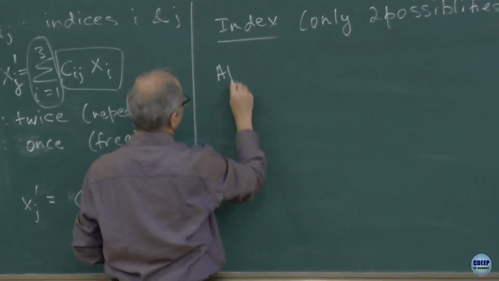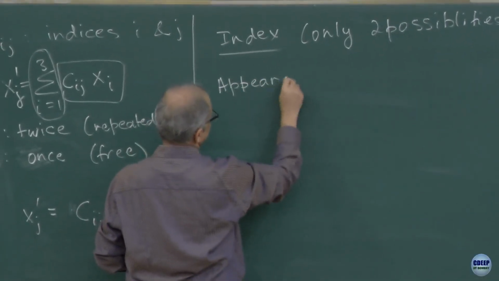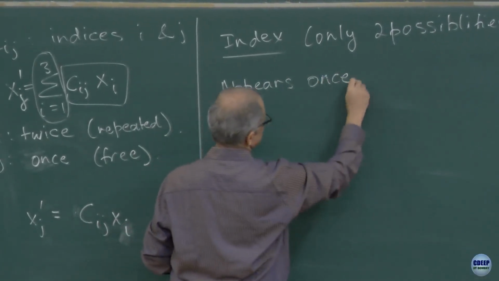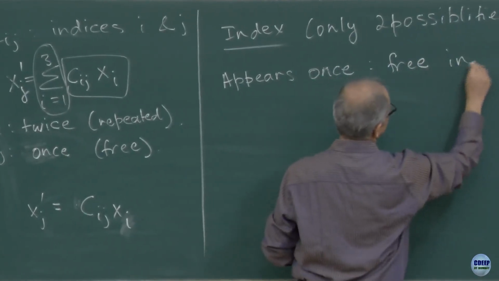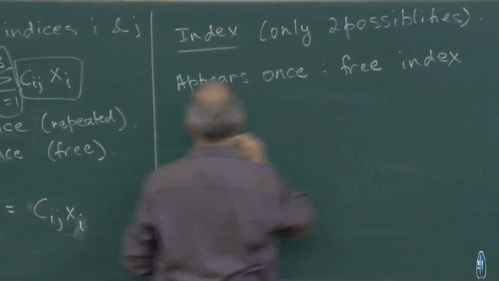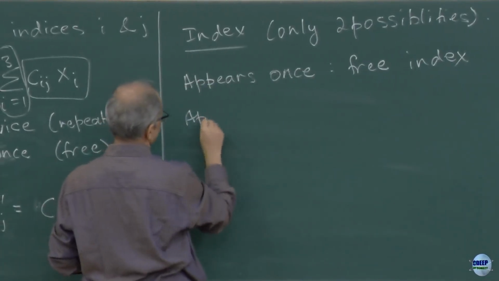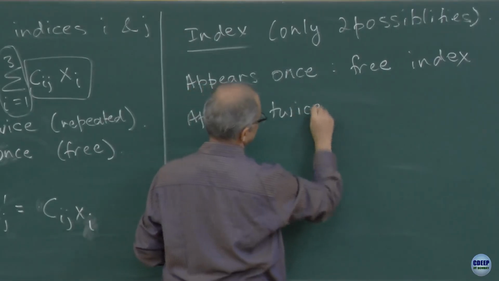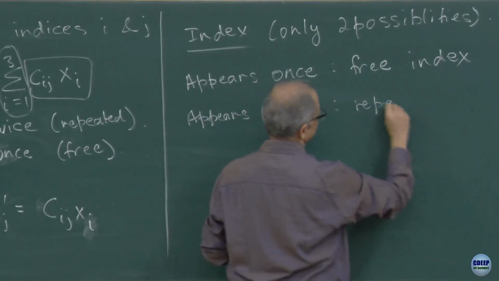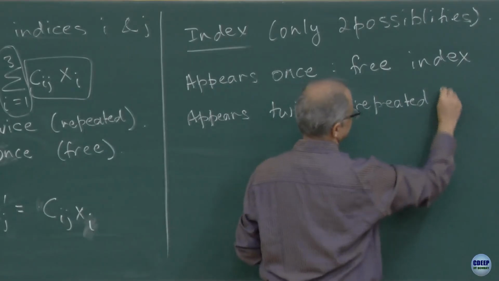If it appears once, it's a free index, and if it appears twice, it is a repeated index, and I need to sum it up.